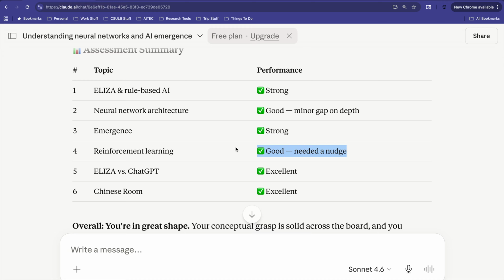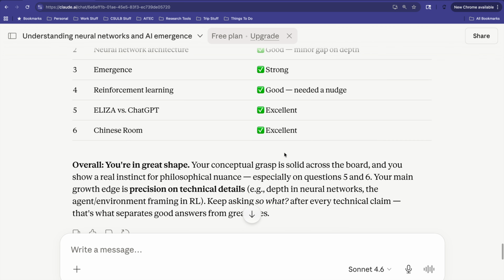So actually, overall, I think this is a very good debrief. And this question on reinforcement learning is the one that I deliberately kind of slopped up a little bit. And it did great, right? It said, well, you kind of have it, but it asked me a follow-up question so that it can further clarify my understanding on reinforcement learning. That's pretty good.